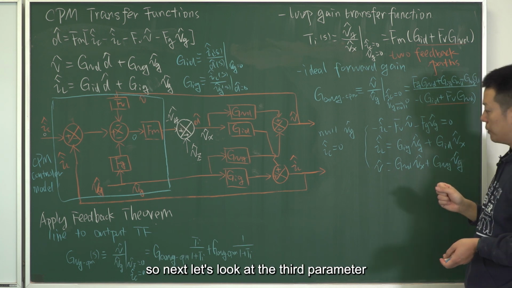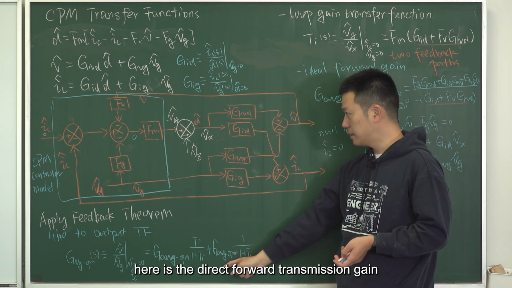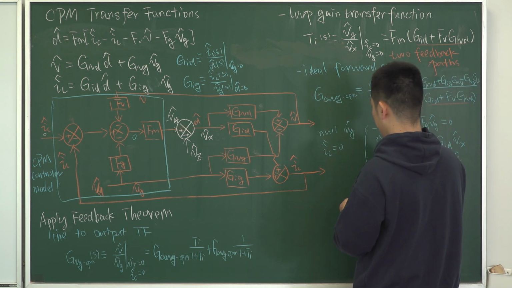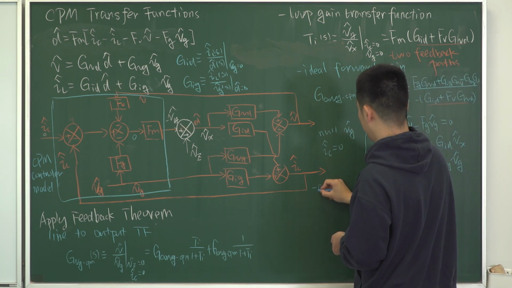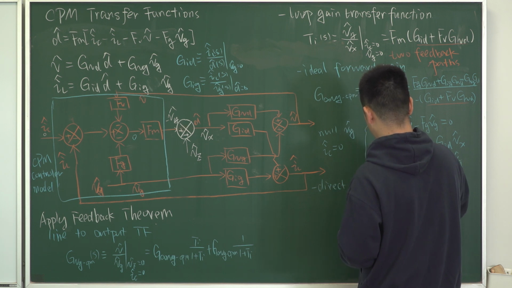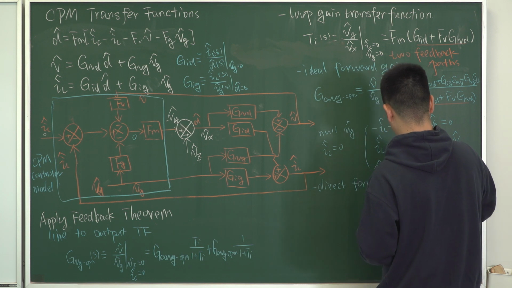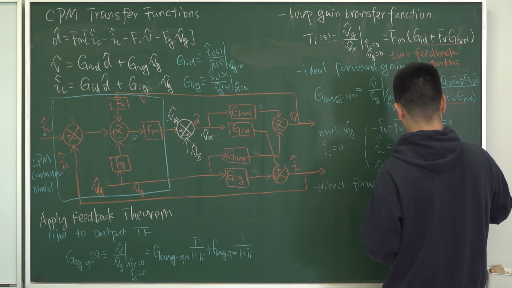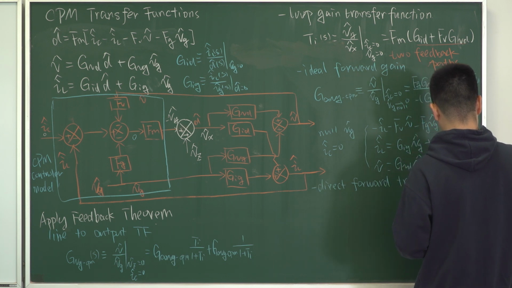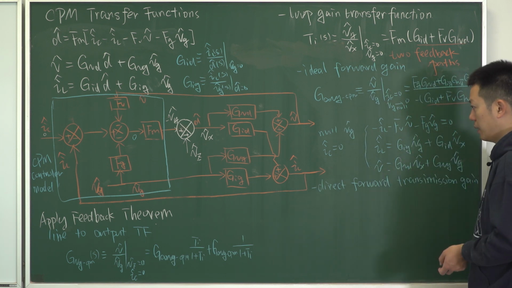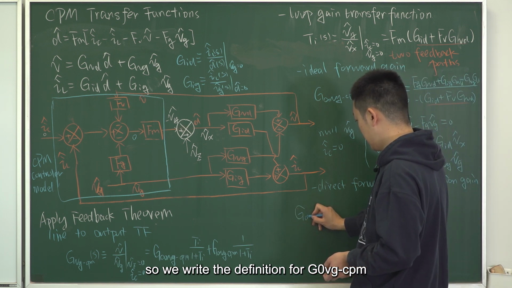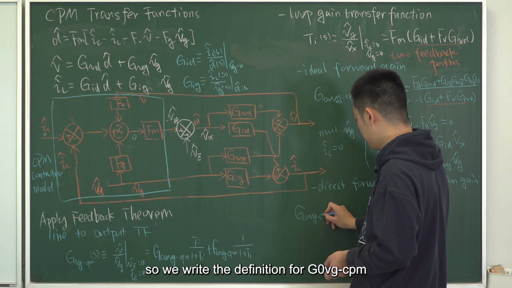So next, let's look at the third parameter, which is the direct forward transmission gain. So we write the definition for G0 Vg CPM.